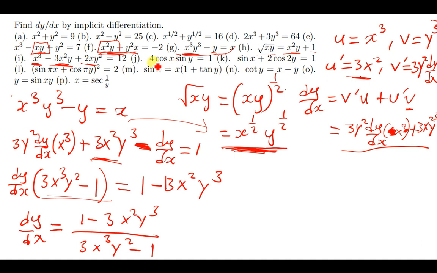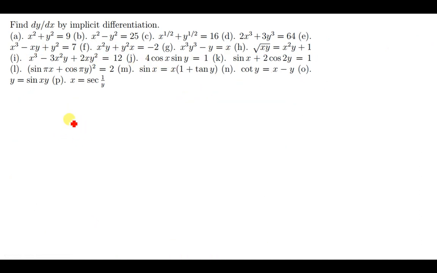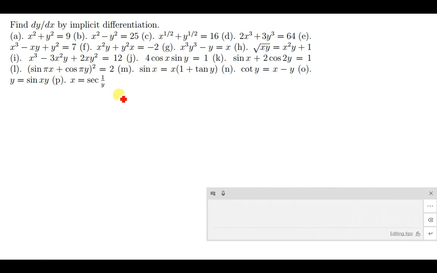Okay, let's take a look at this question. Okay, so for this question here, this is J, we have 4 cos x sine y is equal to 1. So differentiating these two functions, we're going to use what is called the product rule.